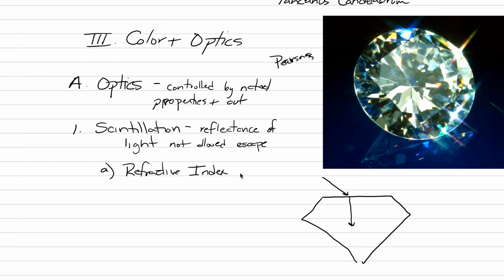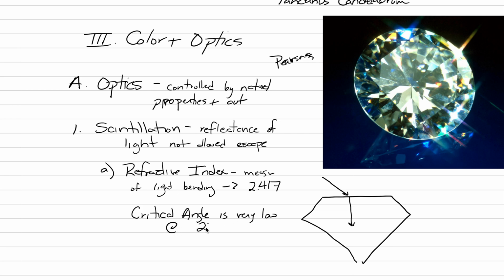This is refraction, our measure of bending of light. And for diamond, it's very high. It's 2.417. So that means diamond bends light extensively, and it creates a critical angle that is very low.